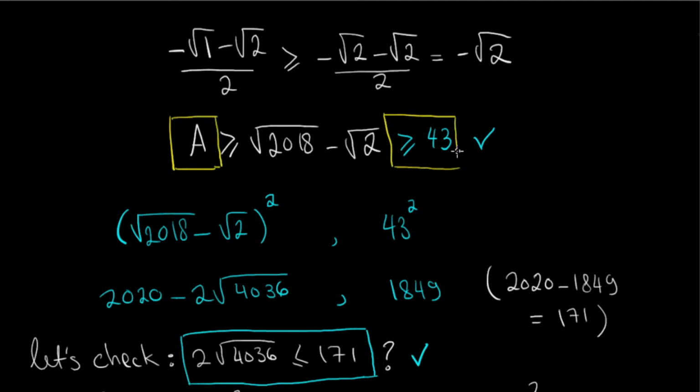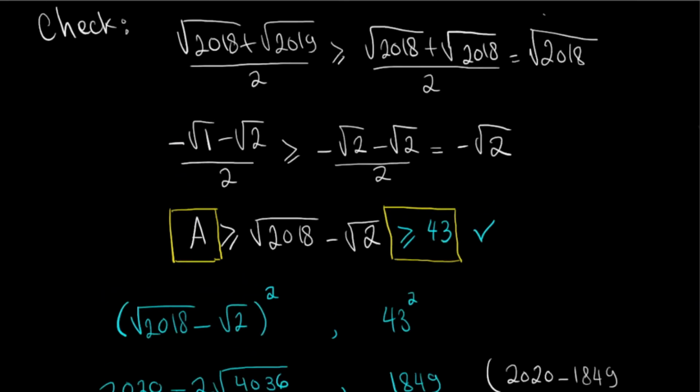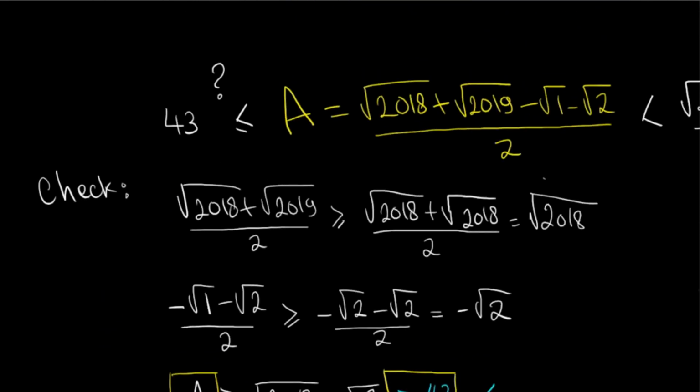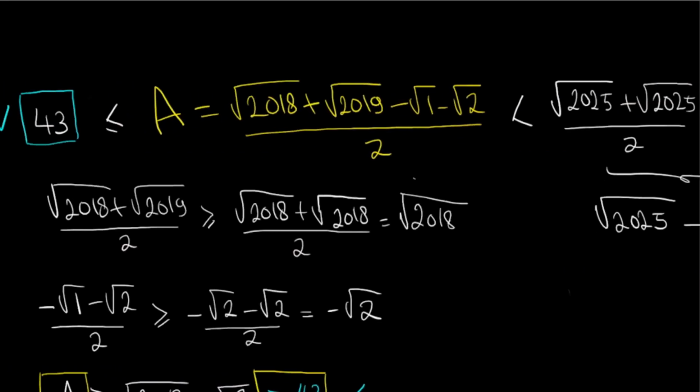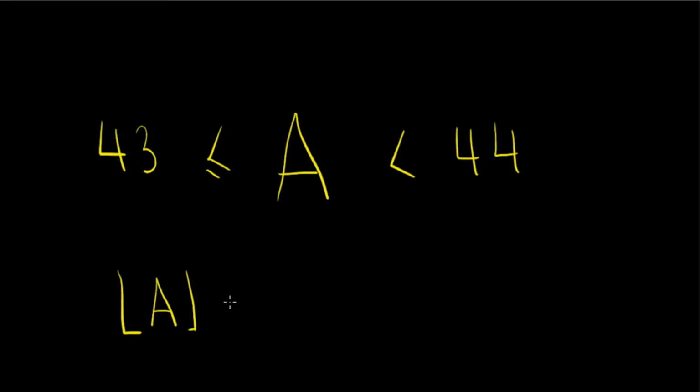So we found the lower bound, and we found the two consecutive integers that bound the number a. We know that a is bigger than or equal to 43 and less than 44. So since we know this is true, the floor of a should be 43. So this problem has the answer 43.